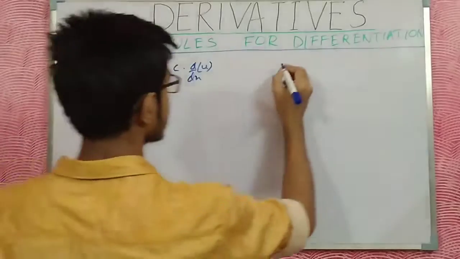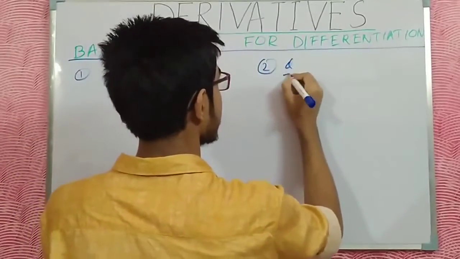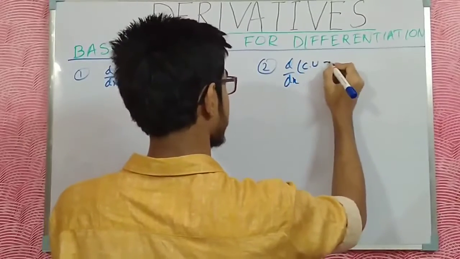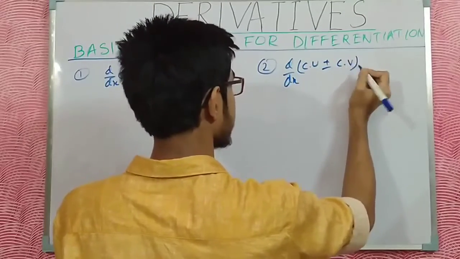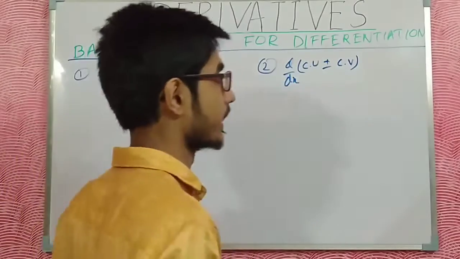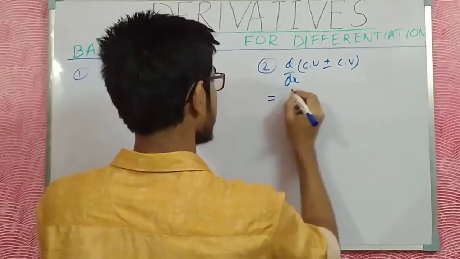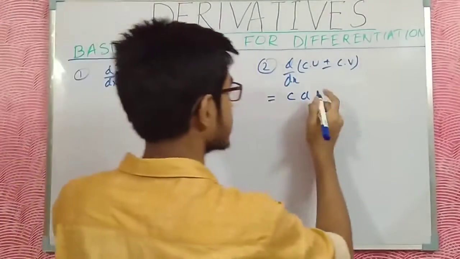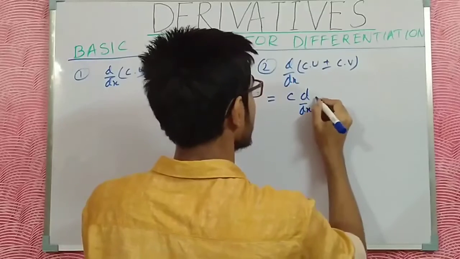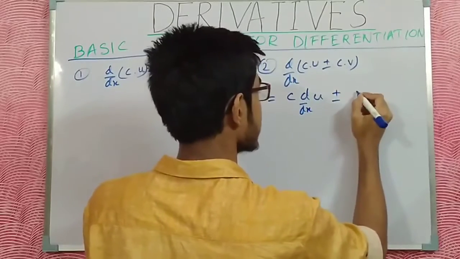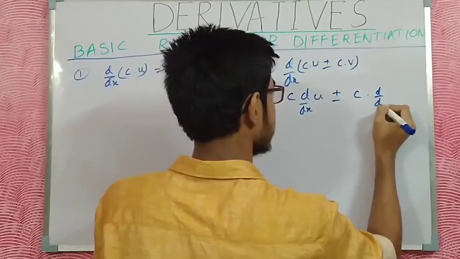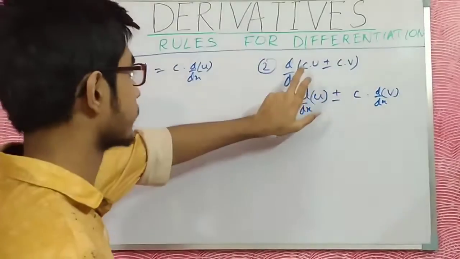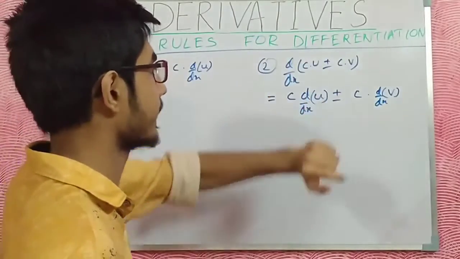Then the second rule is d/dx of constant into some u plus or minus constant into some v. v is a function and u is another function. The constant will be outside, and then d/dx of u plus or minus the constant again outside, and then d/dx of v. The constant will be outside and then the differentiation will break like this.